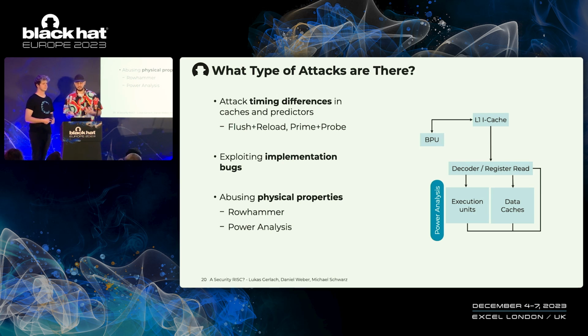This can be a Rowhammer attack, which abuses the nature of the DRAM itself to induce bit flips, or it can be attacks on the power consumption of the CPU that allow you to infer what the CPU is doing by looking at its power consumption.